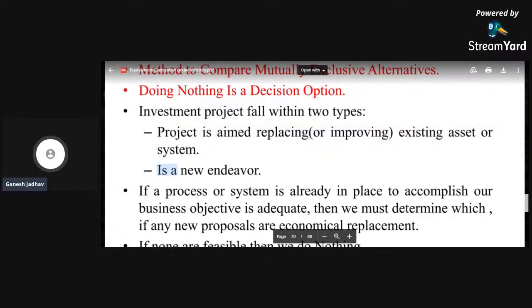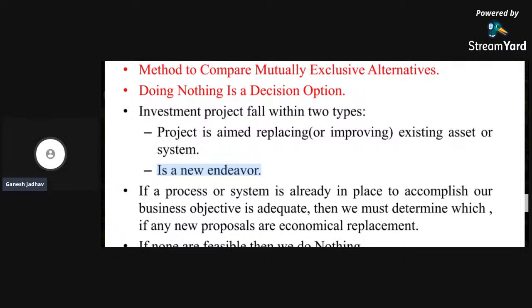So it is a new endeavor, and doing nothing is also a decision option. The investment projects fall within two types. For example, only replacing some part from the existing machine.